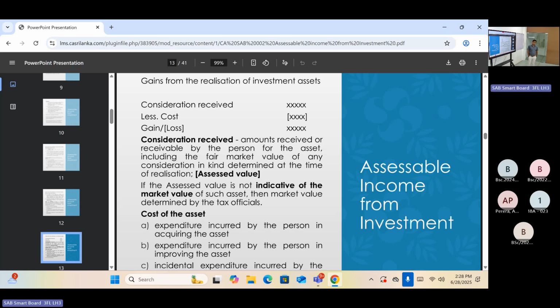That is called the assessed value. If the assessed value is not indicative of the market value of such asset, the market value is determined by the tax official.